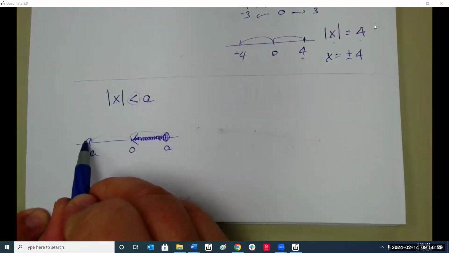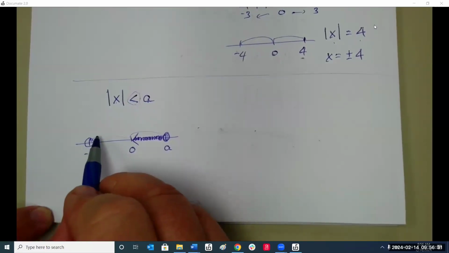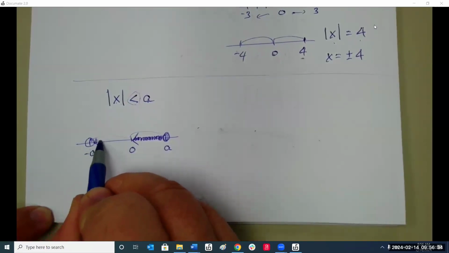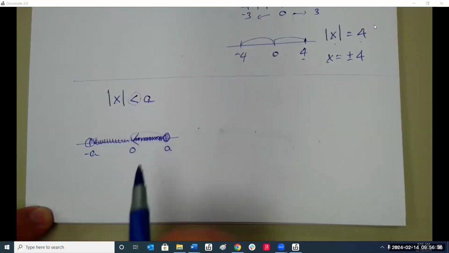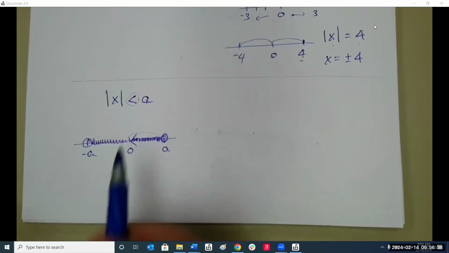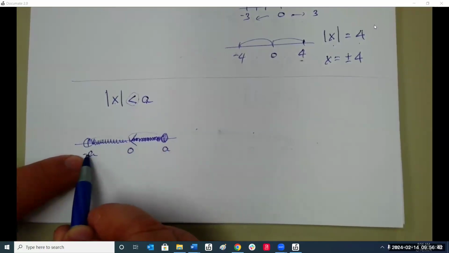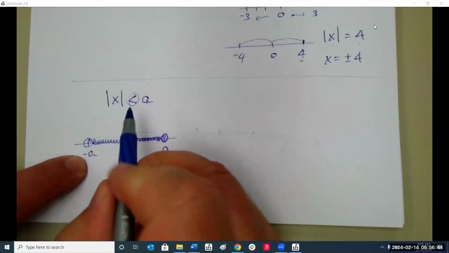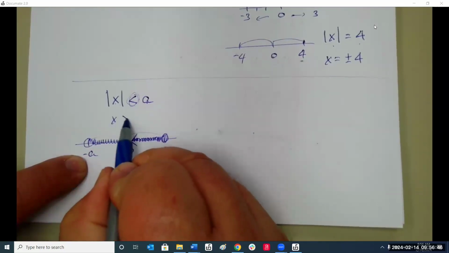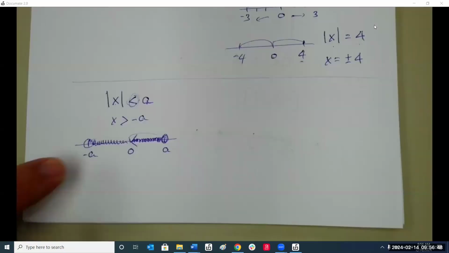So what do I do from negative infinity? If I'm now going to go to negative A, I have to change this direction also. So it's also going to be greater than negative A.